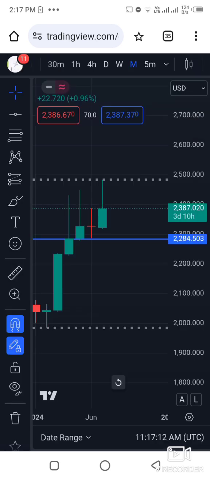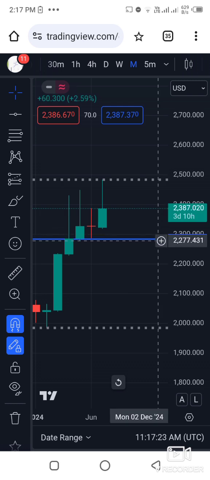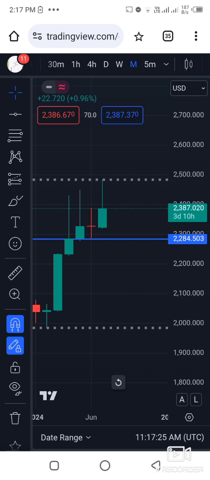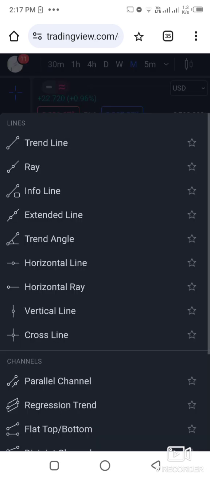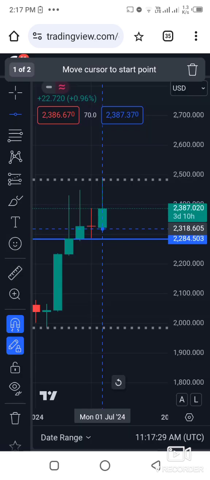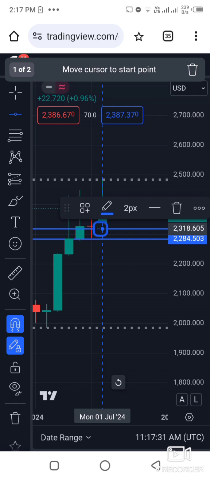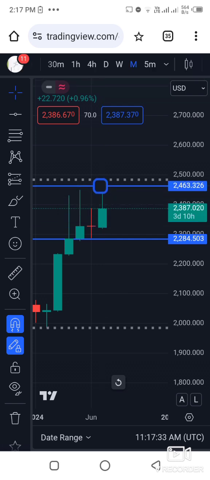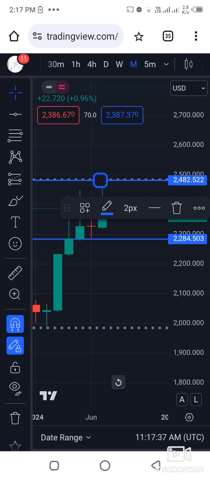If you look at the next candle, the one that is following, we can see there was a rejection. The market rejected this zone here, around 82.